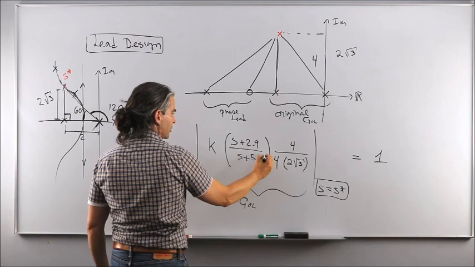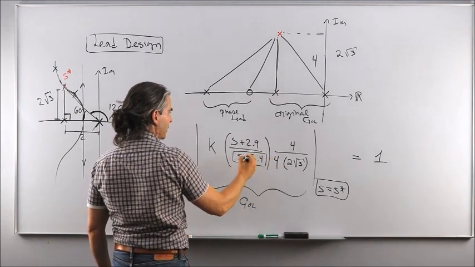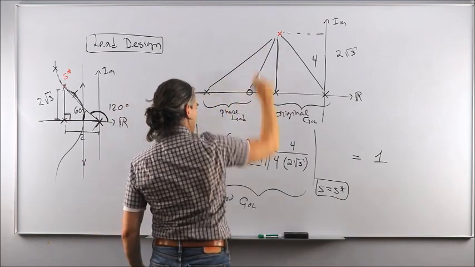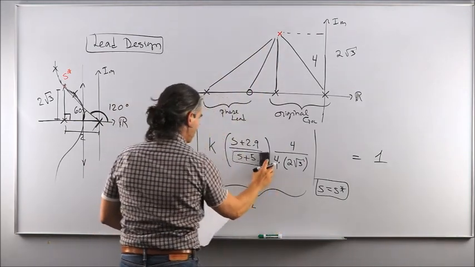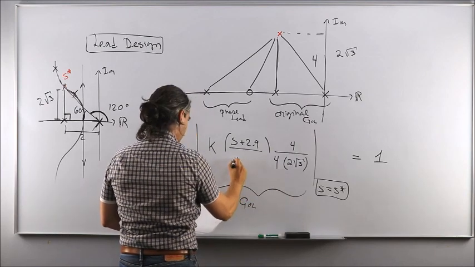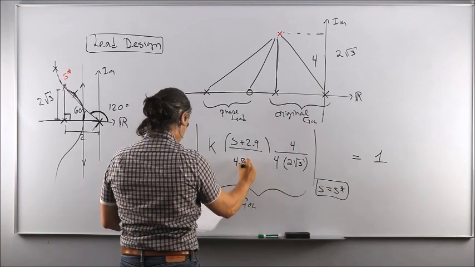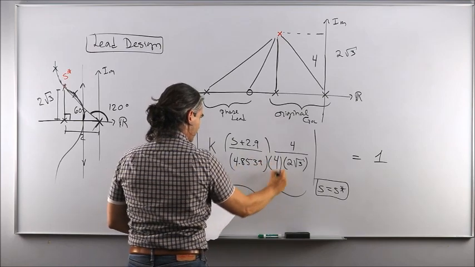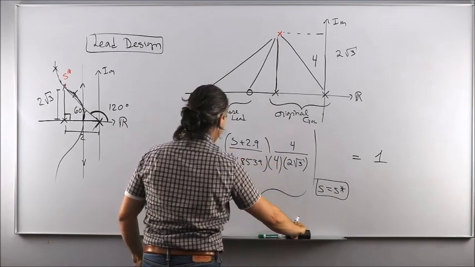The distance associated with this pole location at minus 5.4, if you were to calculate this side, you would get 4.8539. So that's it for the denominator.